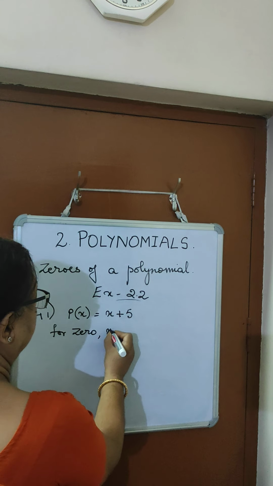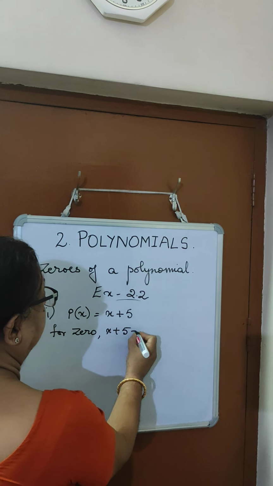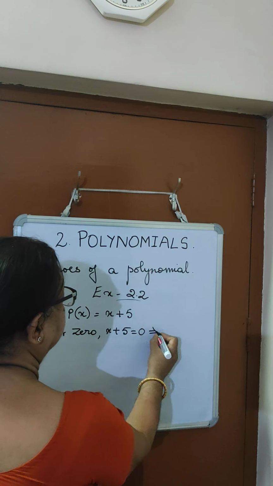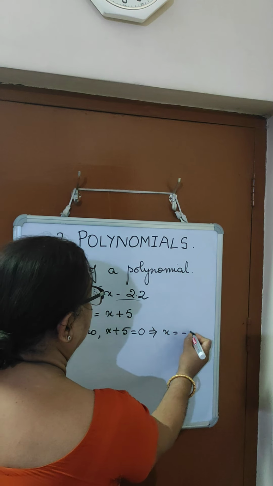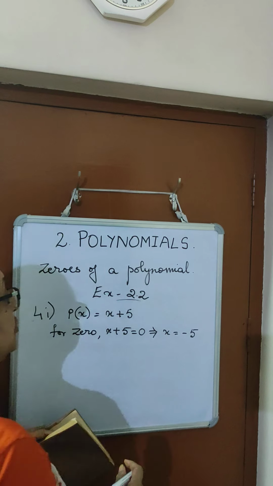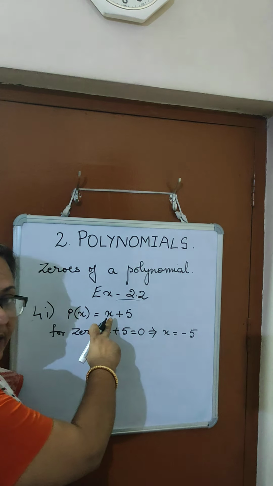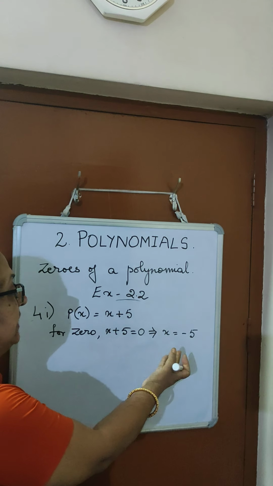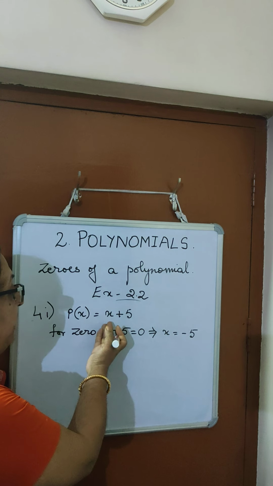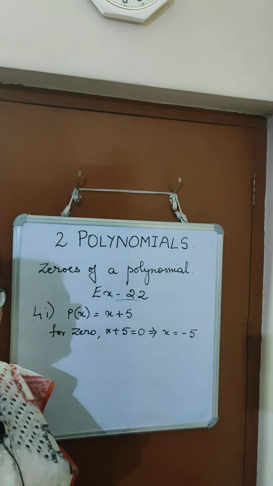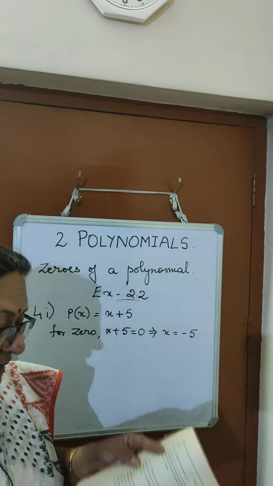For 0, x plus 5 equal to 0, this gives x equal to minus 5. So, minus 5 is a 0 of the polynomial, isn't it? You can easily check it, substitute minus 5. So, minus 5 plus 5 is 0.